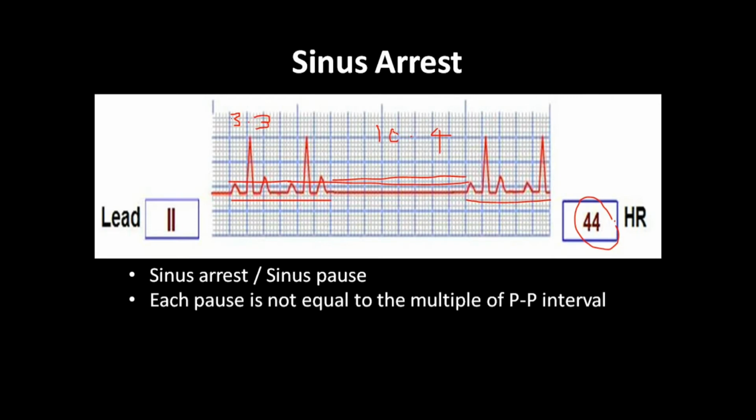So it is not a multiple of 1 or 2, and the pause is not directly correlated with the PP interval at this part. This clearly shows a sinus arrest. There will be missing of 2 or more PQRST waves.